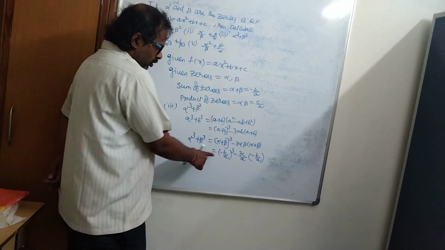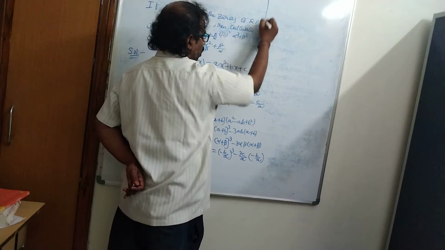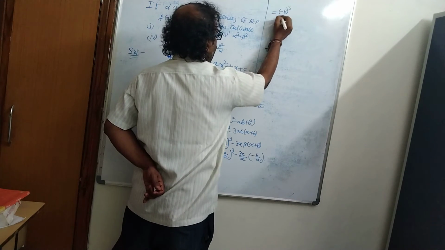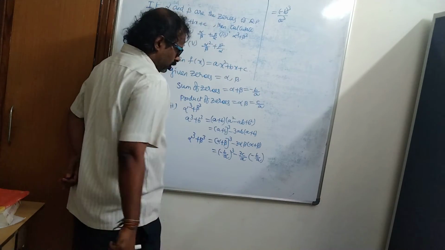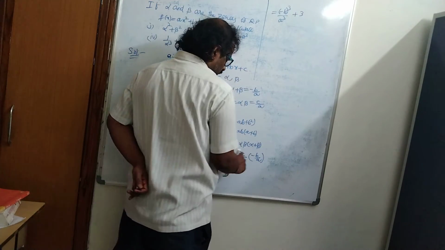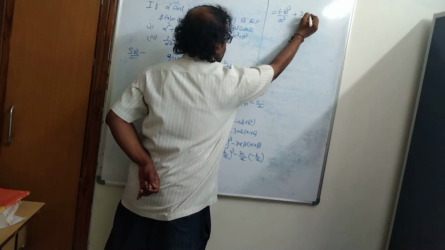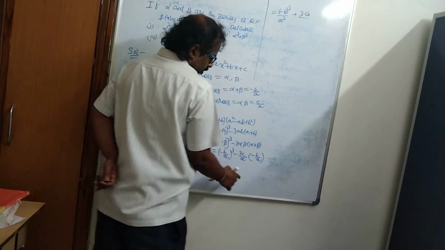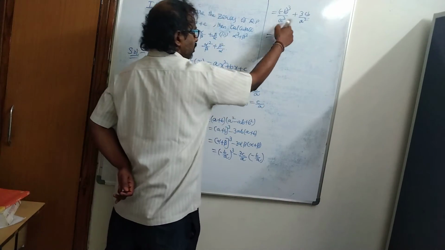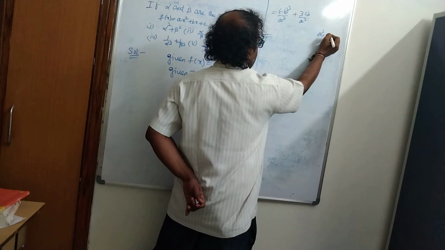Right? Now this cube we have to distribute to the numerator as well as the denominator. So that is equal to minus b whole cube by a cube, minus into minus plus 3c into b, that is 3cb by a into a square. Now here the denominators are a cube and a square.